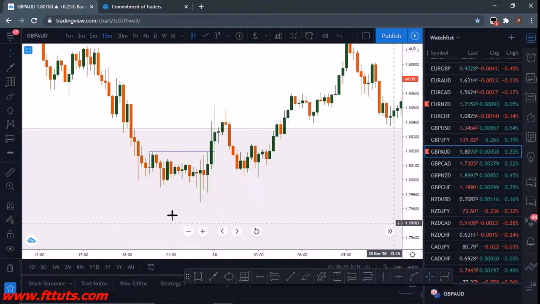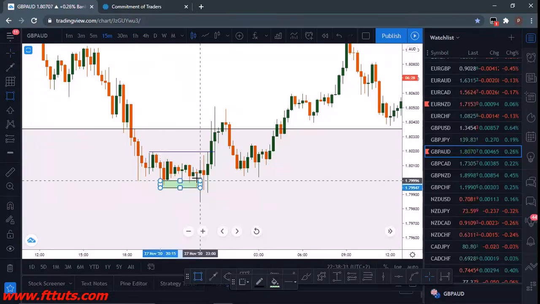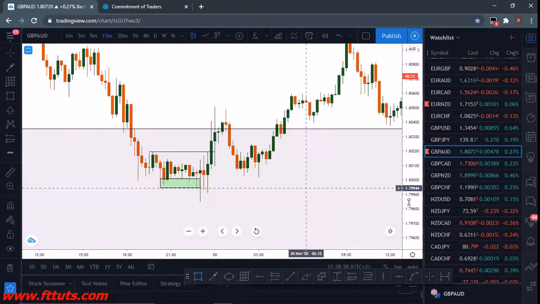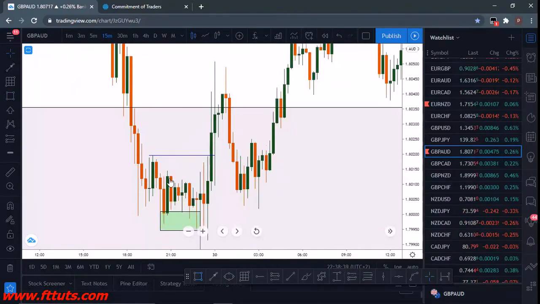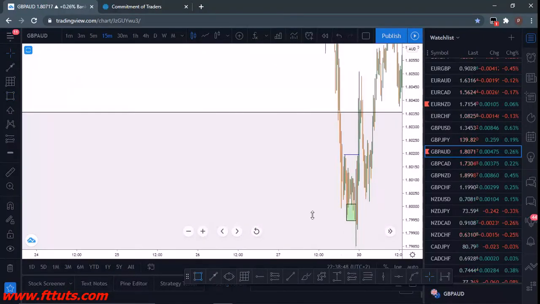So we got that. And then look at this again, same thing that I've been showing you over and over again. Price being held on this zone. Look at the price being held, price being held. This one was not so strong liquidity, but it was holding up price.